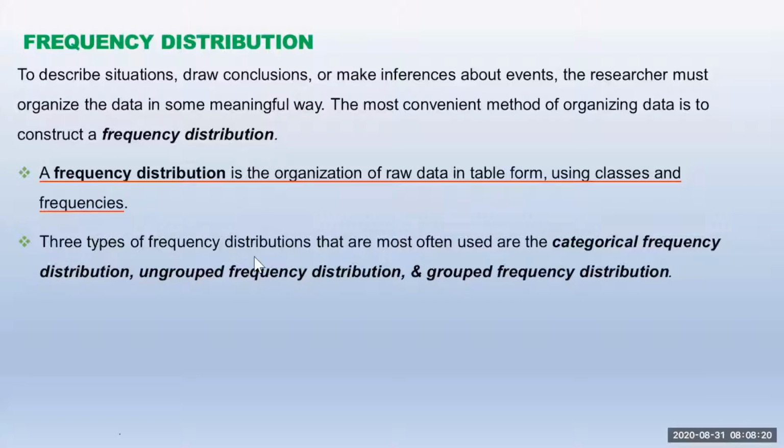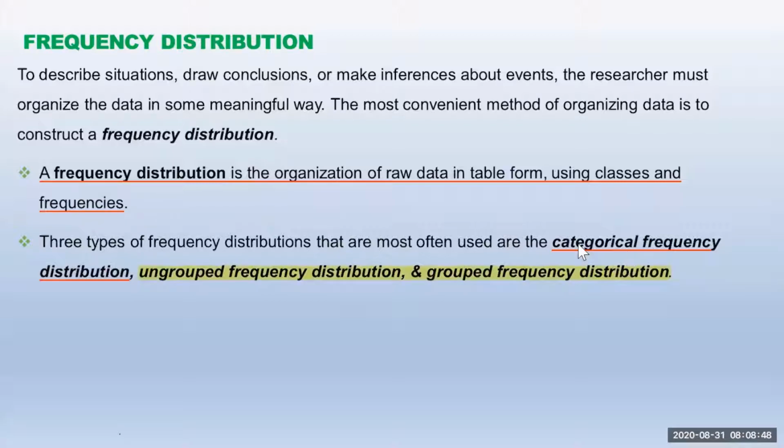Basically, there are three types of frequency distribution that are mostly used. The first one is called the categorical frequency distribution. This is for categorical data. And the other two, the grouped frequency distribution and the ungrouped frequency distribution, are for numerical data.